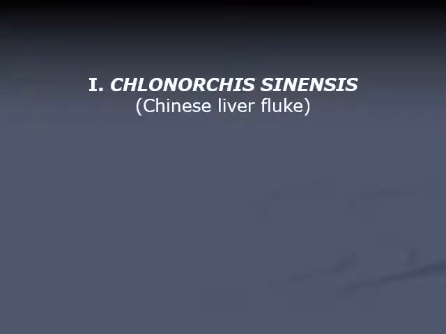The first one we'll study is Clonorchis sinensis. Sinensis means that it is in China, and so it is the Chinese liver fluke, or the Far East type or Far East infection of liver flukes.